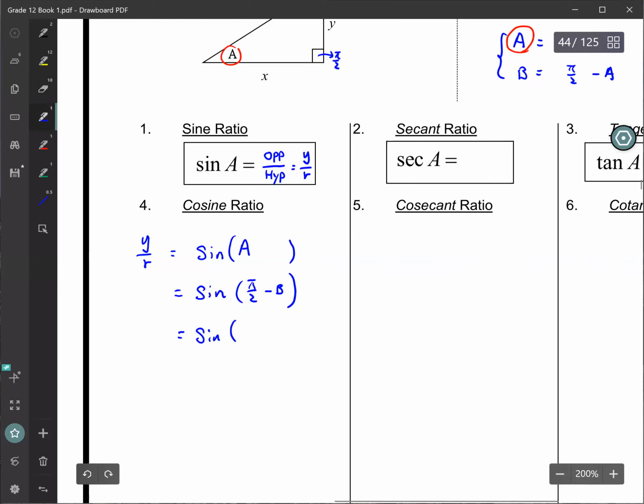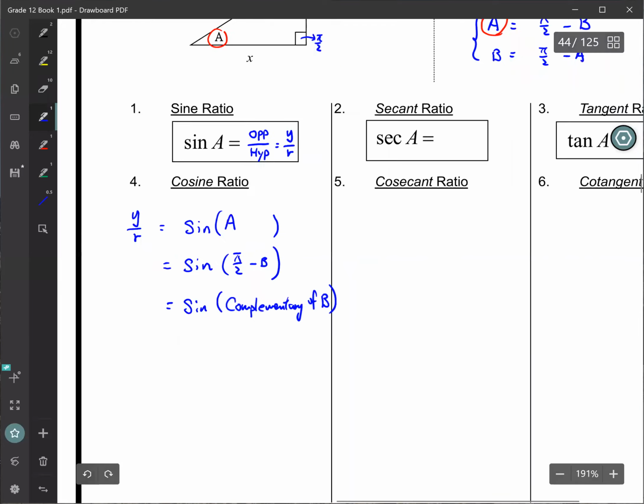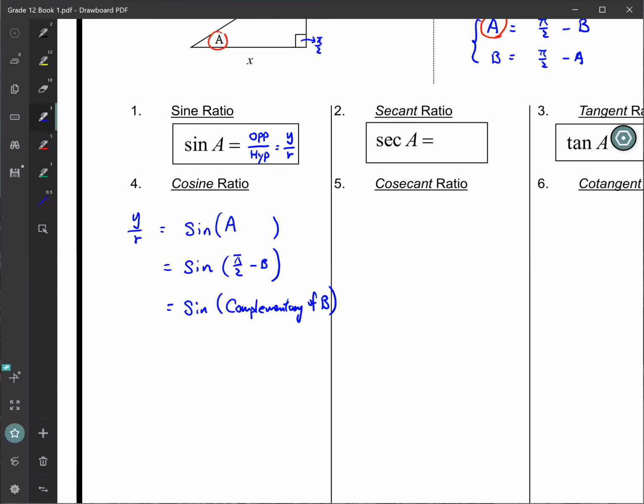So we have complementary of B. Okay? And then to simplify this part, what they did is they picked the first two letters.